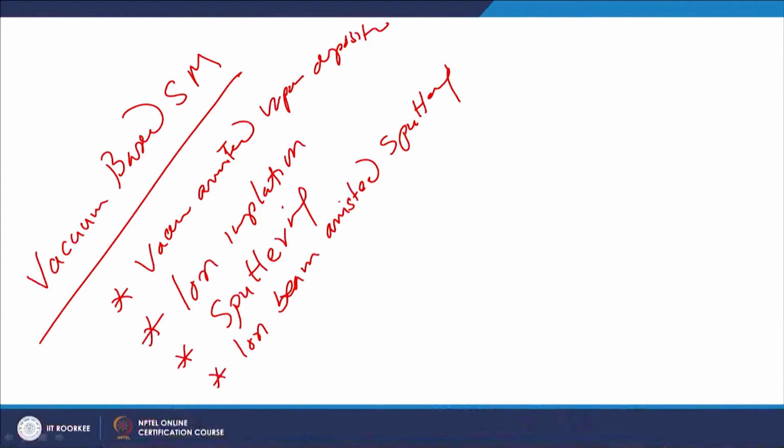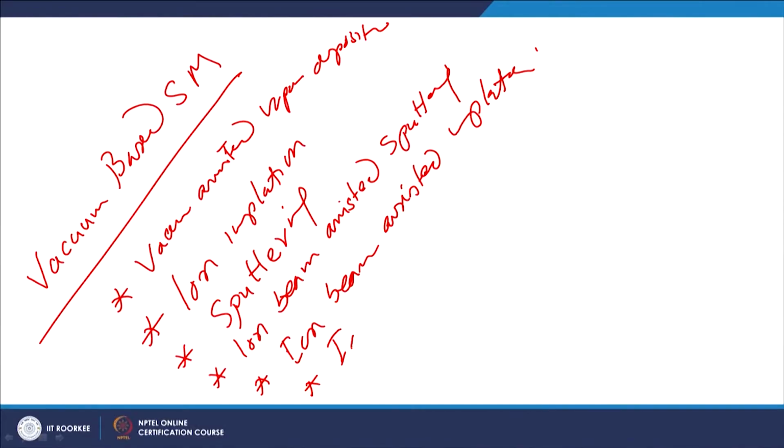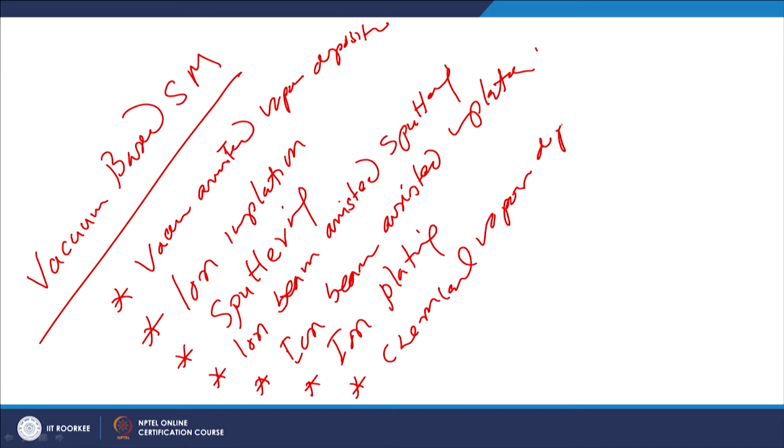And then we have ion beam assisted sputtering, another process is ion beam assisted implantation, and then ion plating, then chemical vapor deposition.